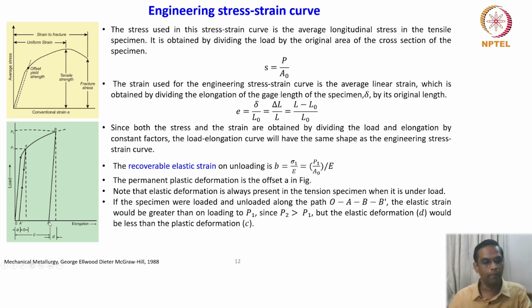Then you compare: the elastic strain will be greater, but the elastic deformation D is much less than the plastic deformation C. Earlier the difference was not much, but as you go to higher loads, the elastic recoverable strain D is much smaller as compared to the plastic deformation. So this point we have to keep in mind.